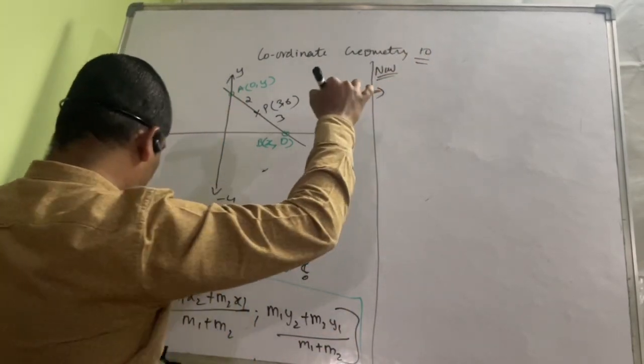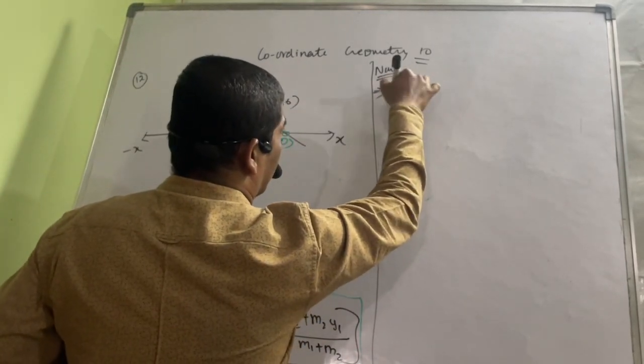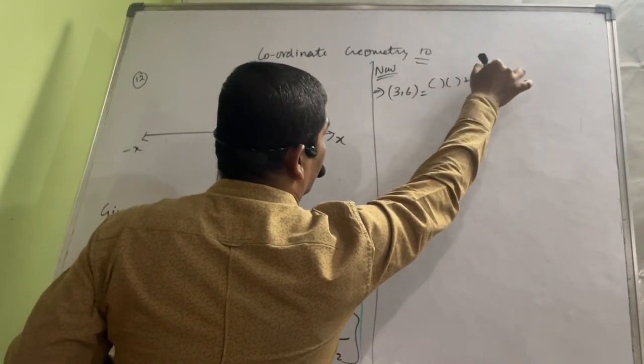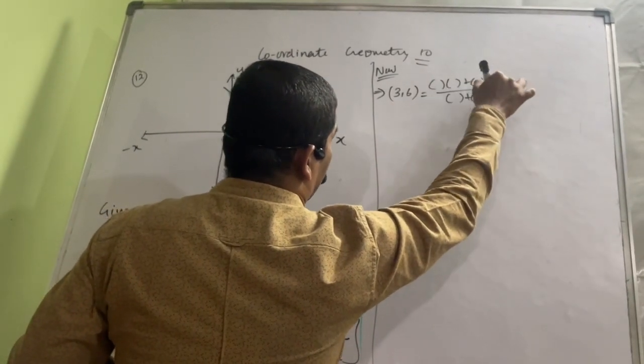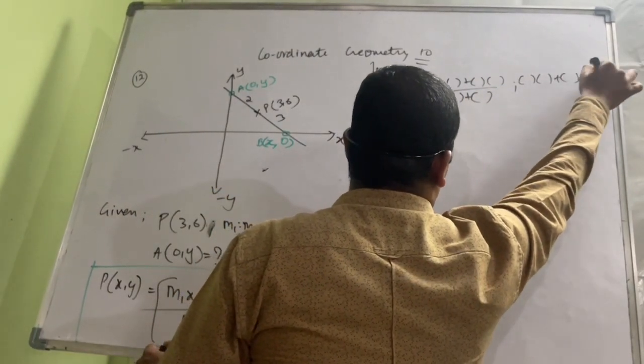See, we know P x, y is given as 3, 6. So we write 3, 6 on the left side. Getting what I'm doing? Simply keeping the bracket so that we can fill it correctly later on.